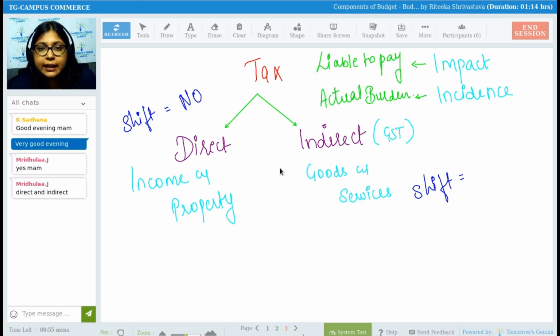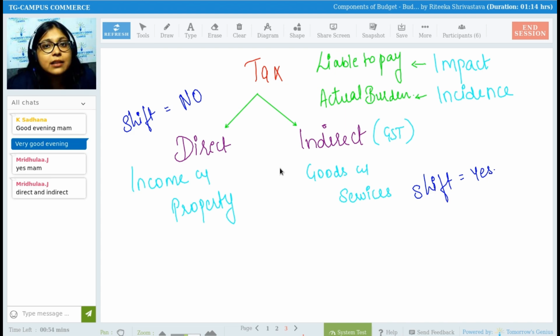And under indirect tax, can we shift the burden of tax payment? Of course, yes. Under indirect tax, I gave you the example of Zomato: when you order from Zomato, the seller is going to impose indirect tax or GST on you only, and on behalf of the seller, you all pay the taxes. So that means the burden of taxes has been shifted.